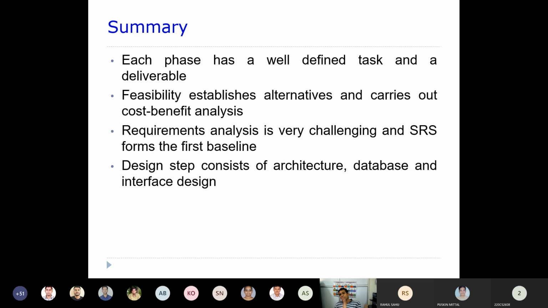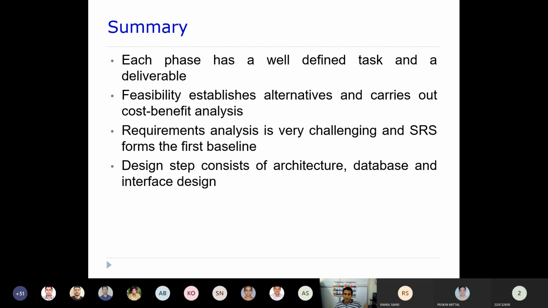Likewise, each and every phase has a deliverable. The feasibility phase establishes alternatives and carries out cost benefit analysis, that is, what the different alternatives are and how they compare in terms of cost and benefit.